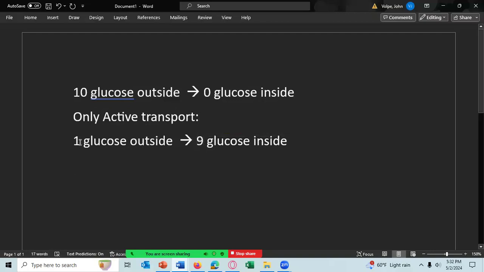To move this one glucose into the cell will be really up against its concentration gradient, because that would be, I don't know, moving 1 close to 10. And that's a high concentration gradient to be moving that last glucose.